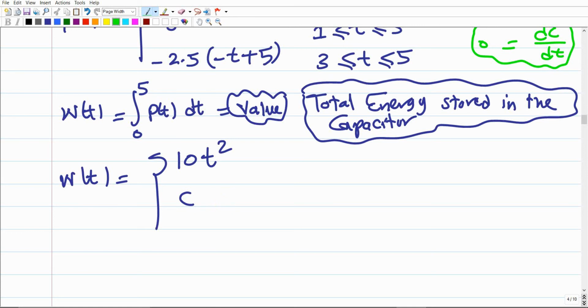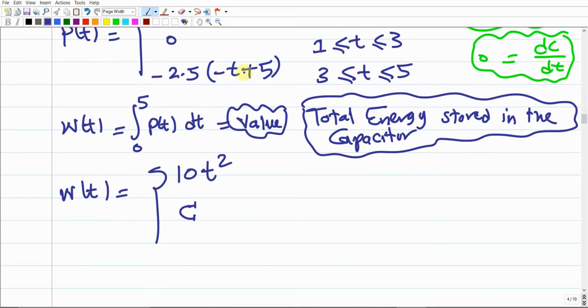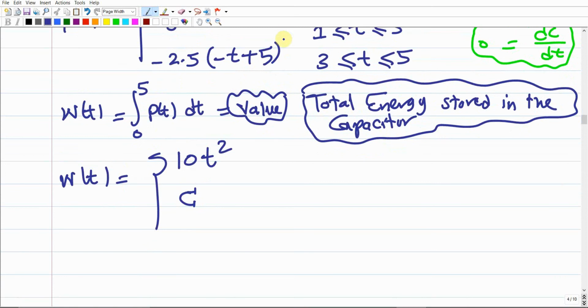So it's just any constant c for now. Make sense? So the energy within the second period is just constant. Then within the third period, you're going to do the integration. You're just going to add one to the exponent, divide by the new exponent, and divide by the derivative of what is inside the parentheses.